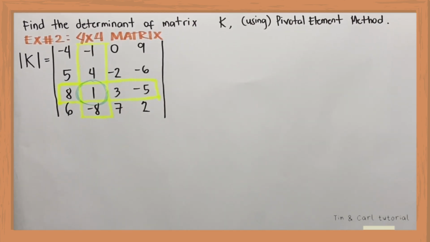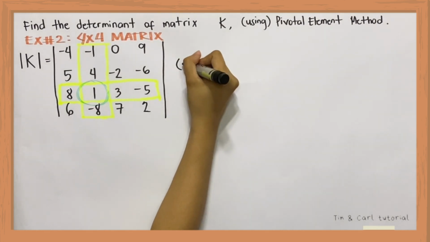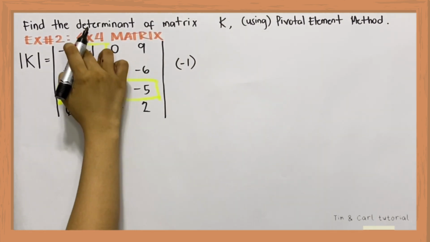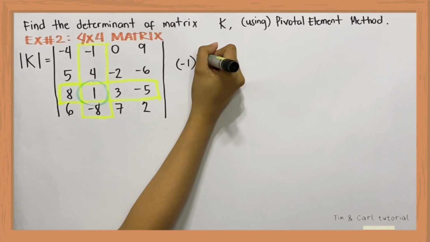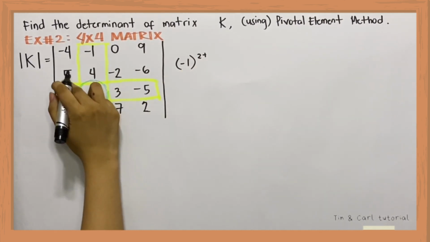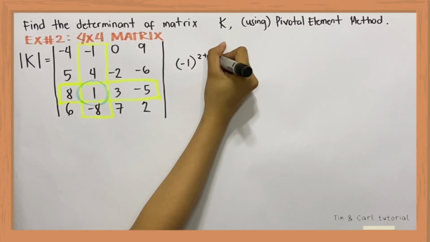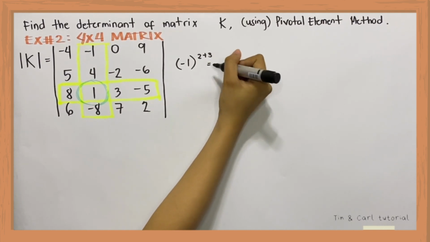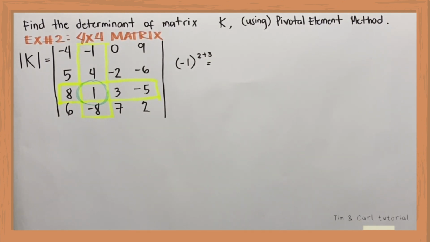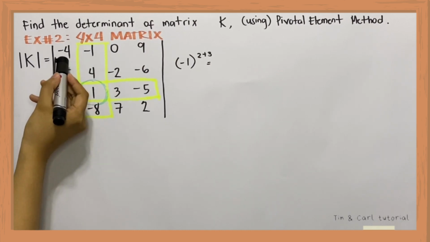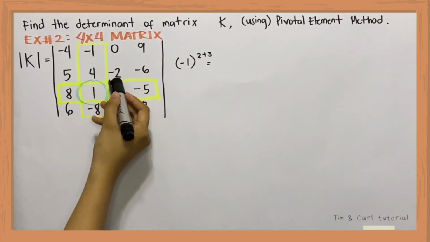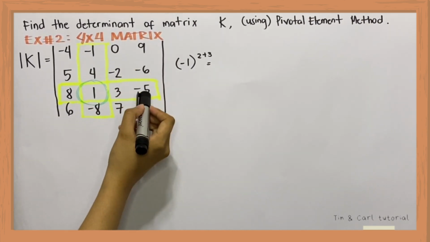So, to start the solution, we have here negative 1 raised to second column plus third row equals, we copy these numbers, the ones that are not part of the highlighted.